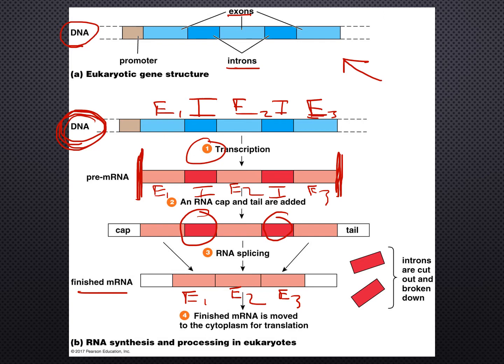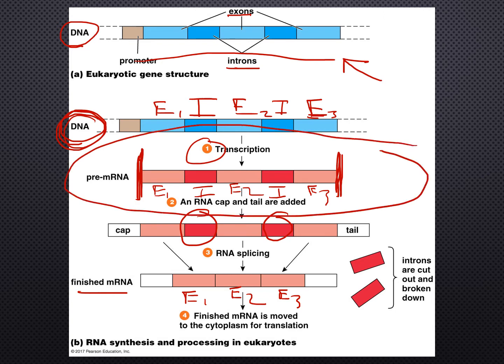So why on earth would a cell do this? One of the functions is that a single sequence of DNA can be processed in different ways. So it's transcribed into messenger RNA. So right here, that's the messenger RNA. And then depending on how the cell processes it, maybe in one circumstance, the cell will take out all of the introns, and we will get one polypeptide protein product.